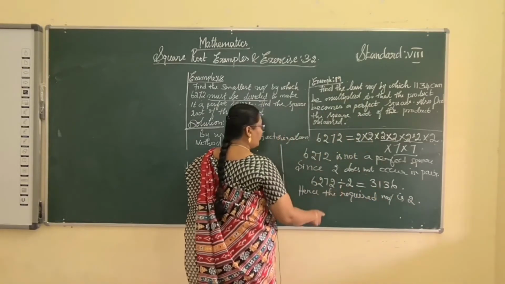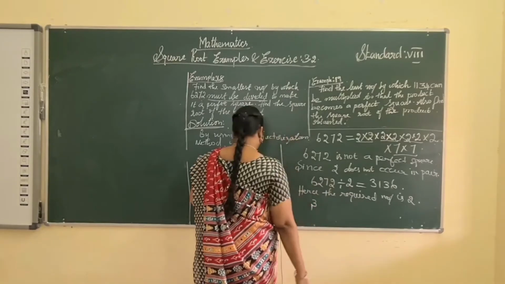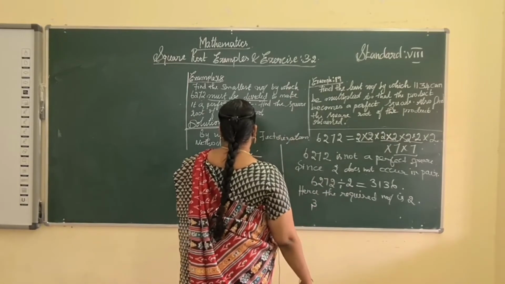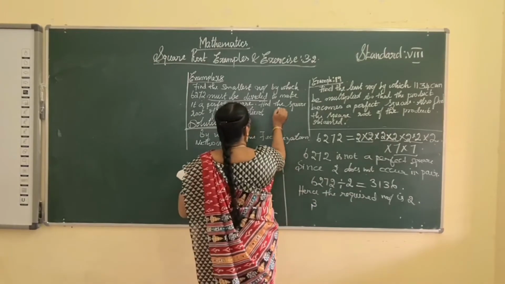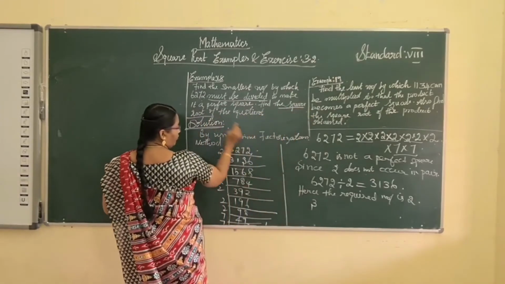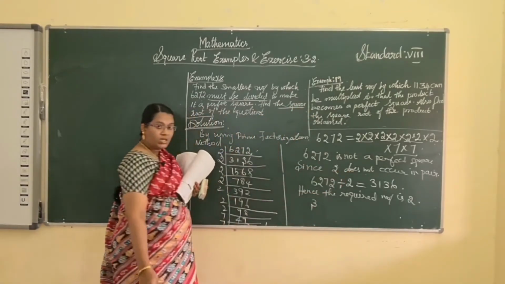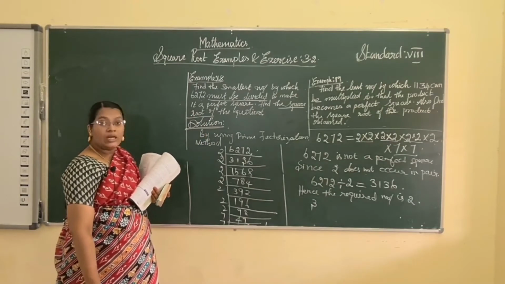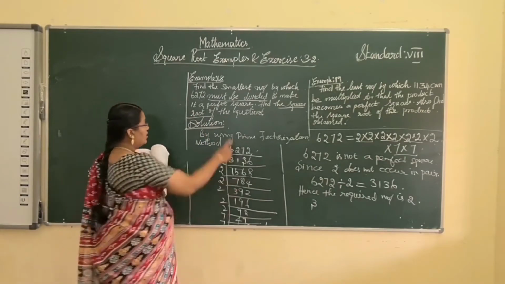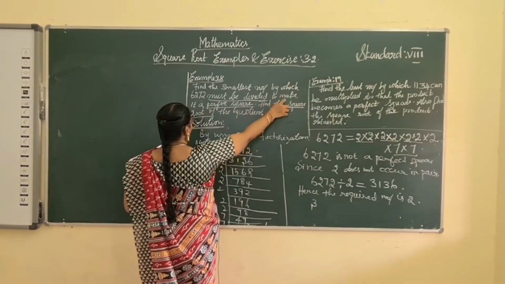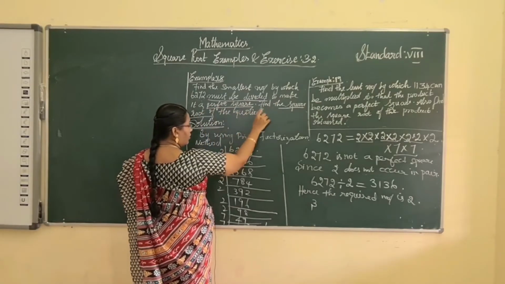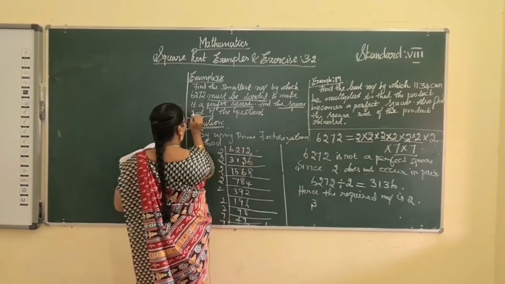3136 is a perfect square, is it? Now we have to find the square root. What is the value of the perfect square? 3136. To make it a perfect square, the third part of that question is to find the square root.